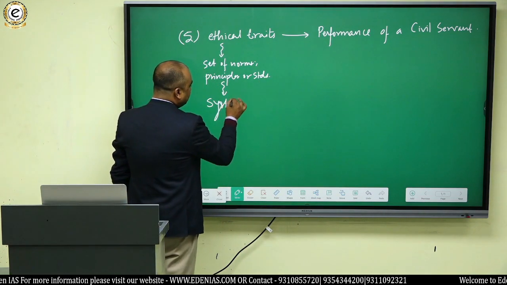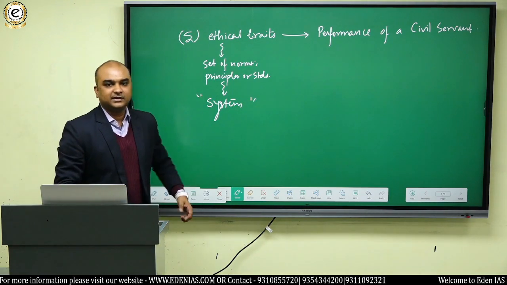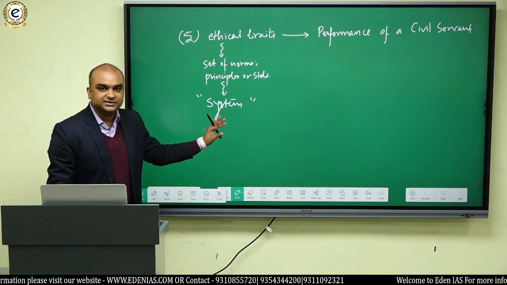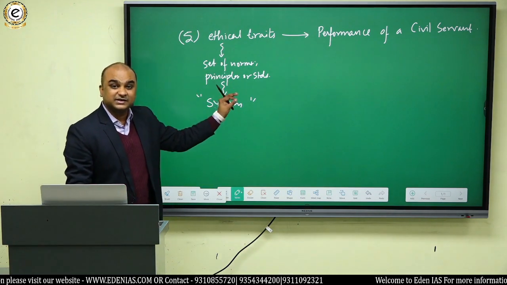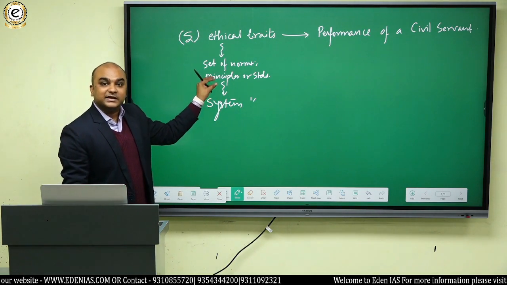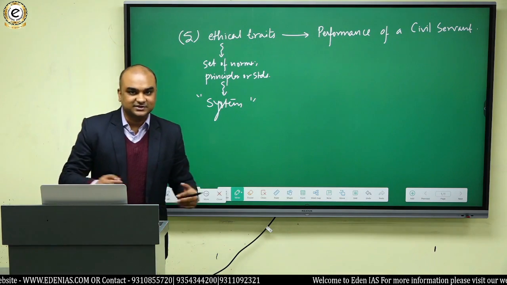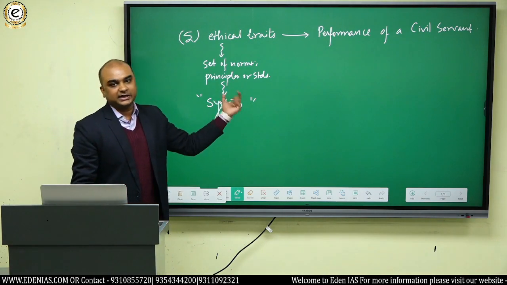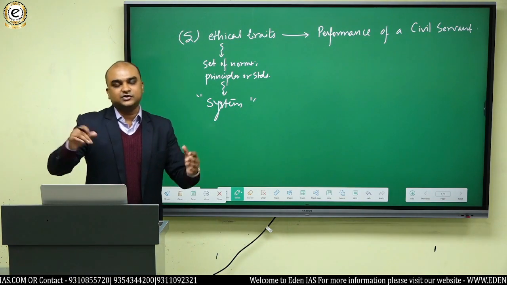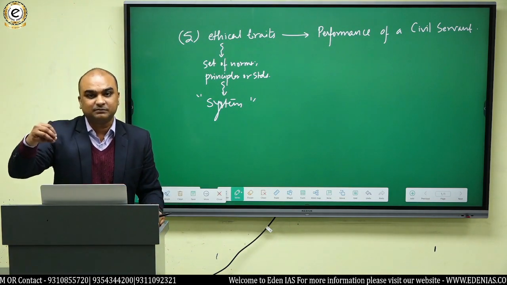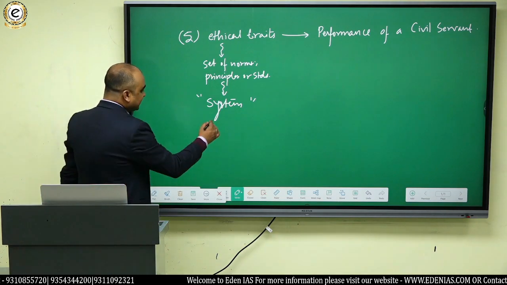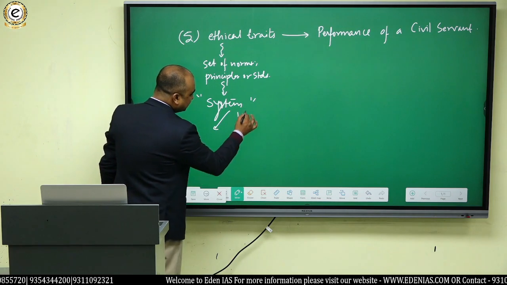So this system could be a political system, and in that context we can talk about political ethics. This could be an administrative system. In that context we can talk about administrative ethics. It could be an economic system where we will talk about economic ethics. It could also be a social system where we would talk about social ethics. So ethics is nothing but a set of principles, standards and norms which any system imposes over itself, and in the light of which 3 things are judged. And what are these 3 things?